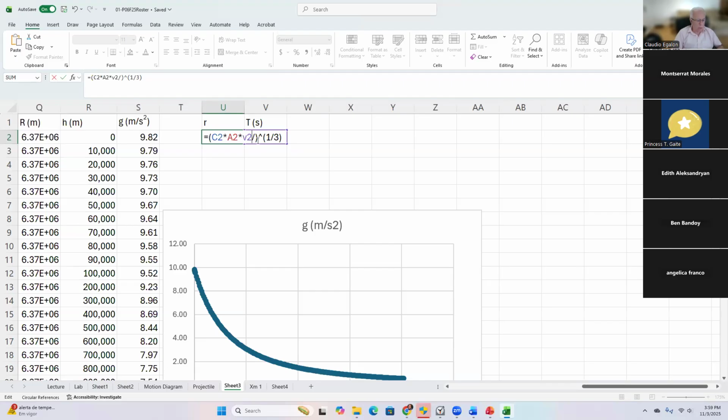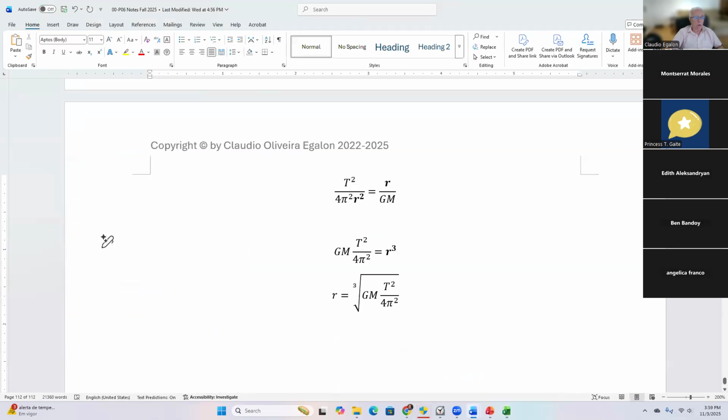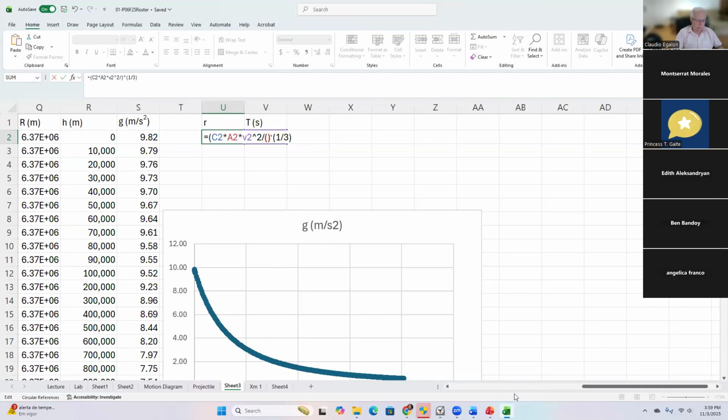So V2 squared divided by 4 pi squared, close parentheses. Right? Let's see, everything looks good. 4 pi squared is downstairs. That's why I have this parenthesis here. This guy should be raised to the 1/3 power. That's why I have this other parenthesis here.